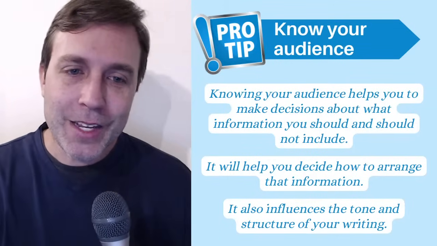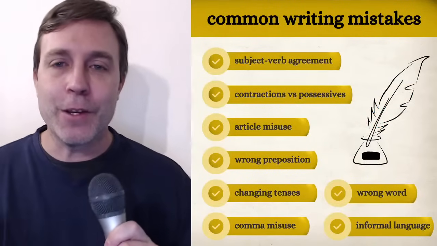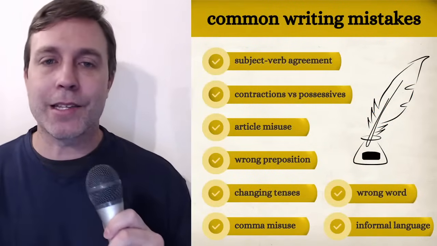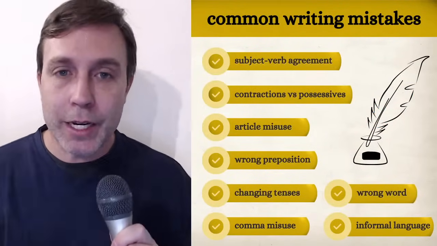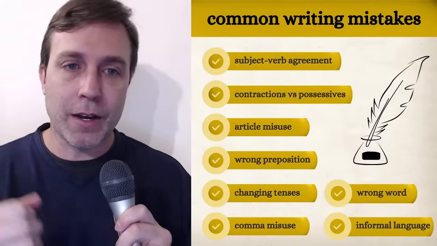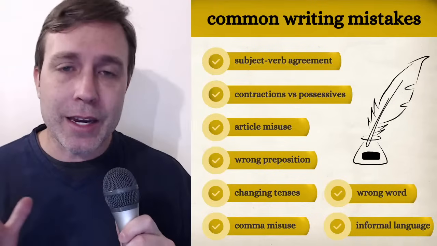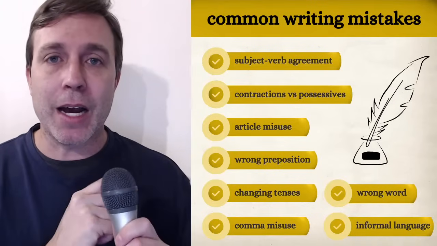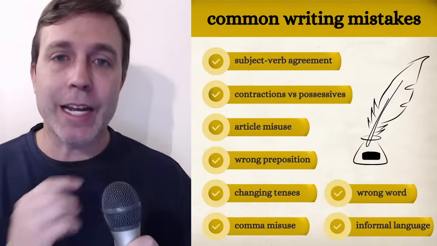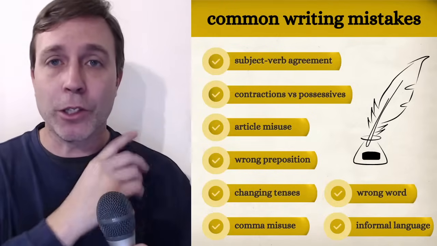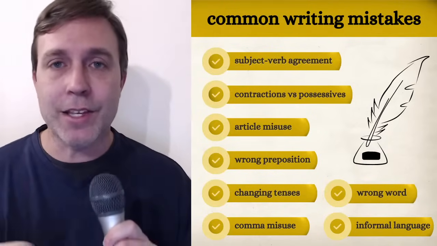So here is a little bit of review, some of the common writing mistakes that I tend to find when I'm reading other people's papers or essays or letters. And I just want you to keep these things in mind. And as you're proofreading, these are the things that I want you to look out for and the mistakes that you're going to find.